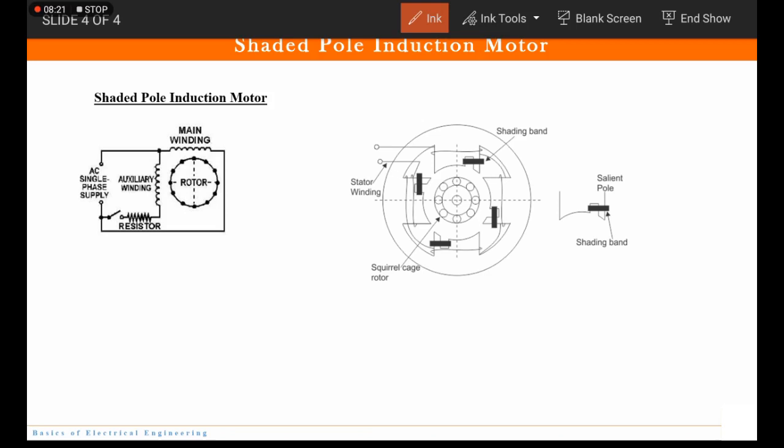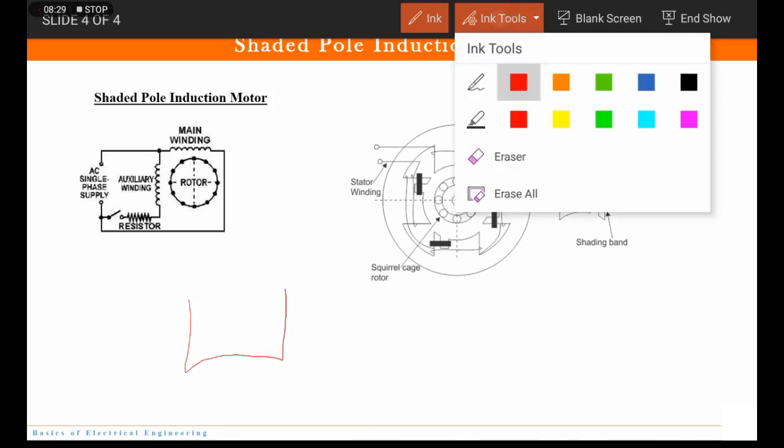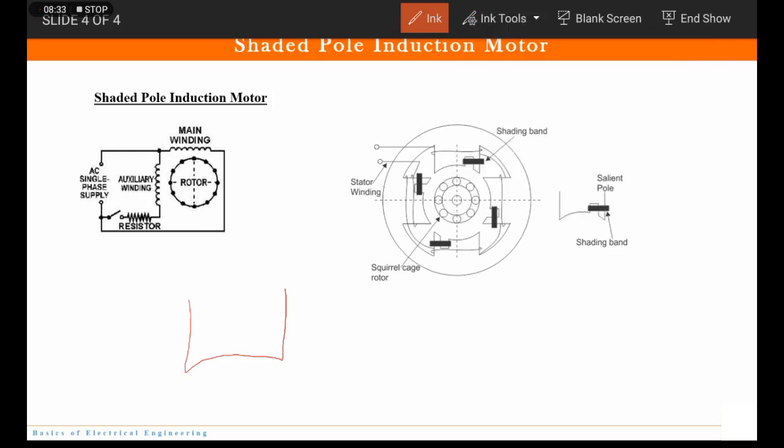See here, this was the normal pole, but in case of shaded pole, what we do is, instead of such type, we have a small stamping here, a cut here, and a copper ring is inserted here.